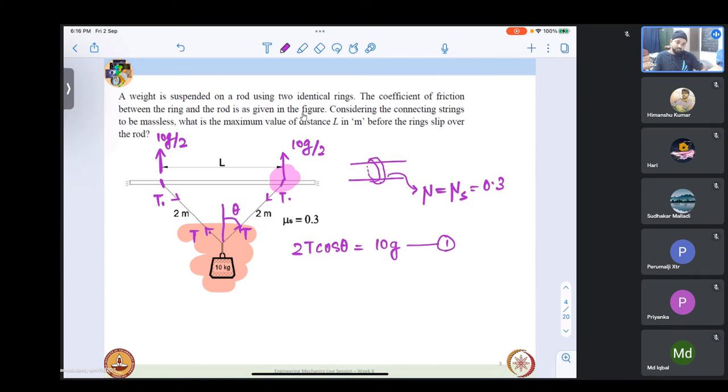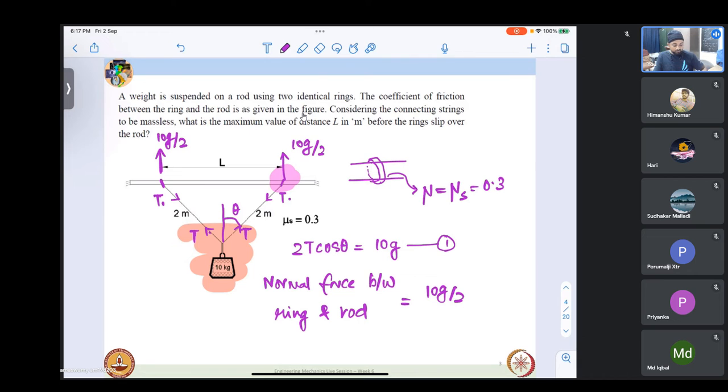So the normal force at the ring and rod interface is nothing but 10g by 2. We have been given that the coefficient of friction at that point is 0.3, and we have been asked the maximum distance. At this distance, the whole system will be at the verge of motion, so friction can be equated to mu into the normal force using Coulomb's law.